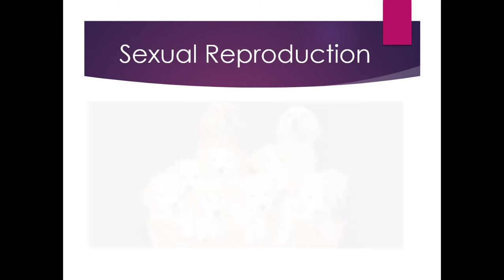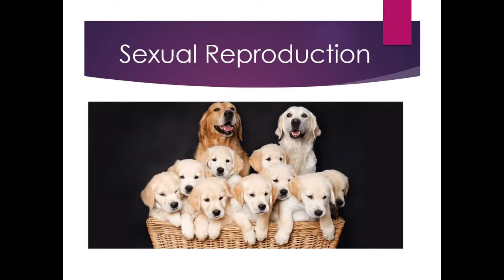Continuing with this, I have an example here of sexual reproduction. For example, we have two parent dogs that are golden retrievers. You can notice that they have a lot of puppies. Something interesting that I especially liked from this picture was the ears of the puppies.